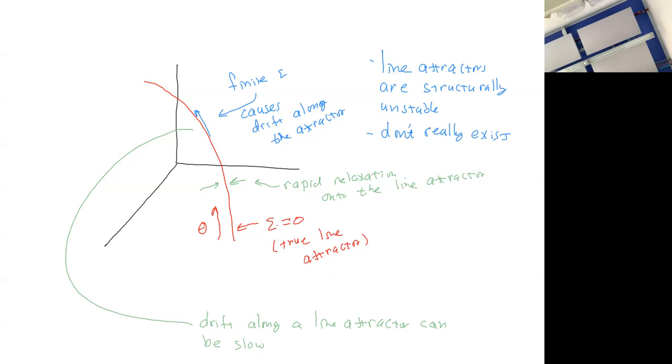And then once you're on the line, there's slow drift. So if the line attractor has meaning, you can actually use that slow drift for computations. When I talk about decision making, I had to come back to this because in decision making, we often get noisy evidence over time which we have to accumulate. Instantaneous information may not be very large.